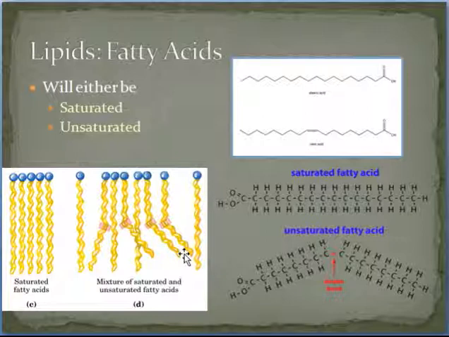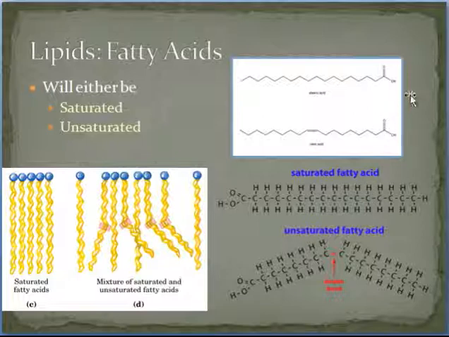So it causes them to have different properties, like when they kink and push each other apart, they don't want to solidify. So like butter or something that gets solid when it sits on your countertop will be more like this, versus oil that won't solidify is more like this, because all the molecules are pushing each other apart and not wanting to become solid like this.